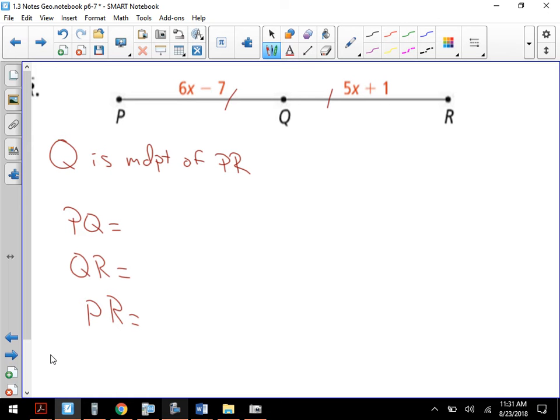What's the equation you're going to write out? Exactly. That's the whole idea here. Because they're midpoints, they're equal to each other. So all we got to do is write it out: 6x minus 7 equals 5x plus 1. By definition, since those two segments are congruent, they are equal in measure, they have to be equal to each other.